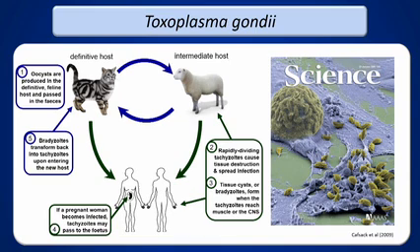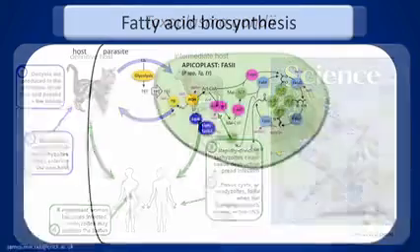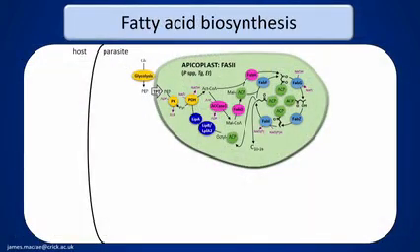All right, so the TCA cycle was quite simple. This is a little bit more complicated now: fatty acid biosynthesis. As I mentioned earlier, this happens in the apicoplast. I'm not going to dwell on this too much; you don't need to know all the details. But just to show, you've got glucose going to PEP, and that PEP enters the apicoplast, where it enters this quite complicated fatty acid biosynthesis pathway.